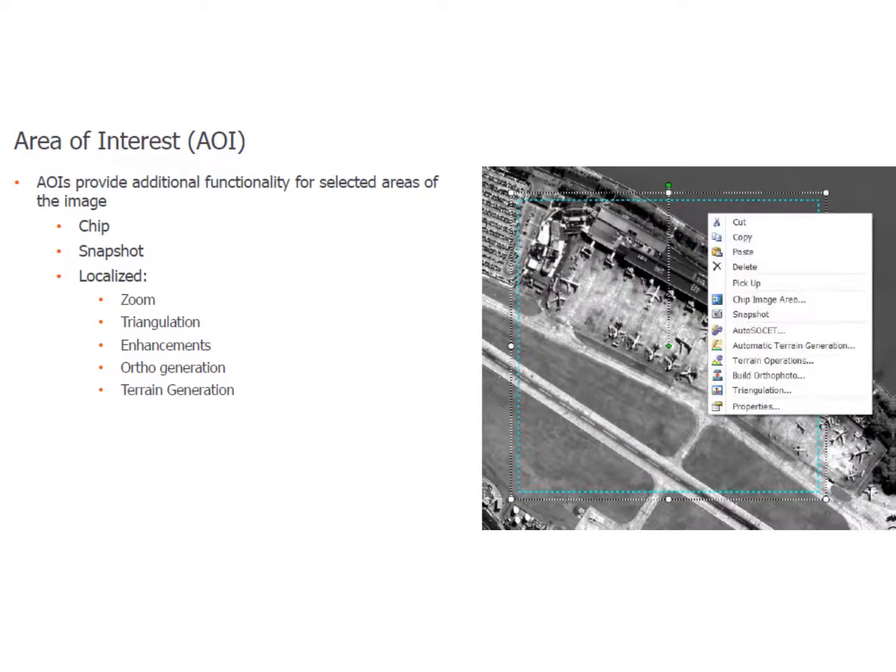You can also identify areas of interest, and areas of interest have a lot of different functions, and we're going to look at a couple here. So the first one is this idea of chipping. If you're not familiar with chipping, sometimes along the edges of raster images all the color planes may not line up, or they may not line up to the grid evenly.